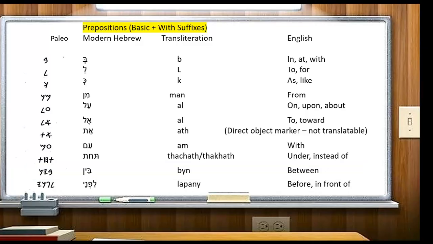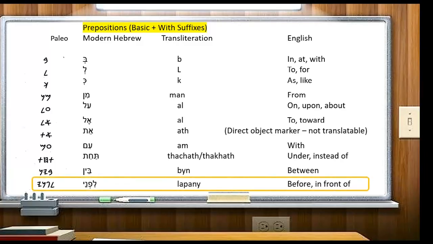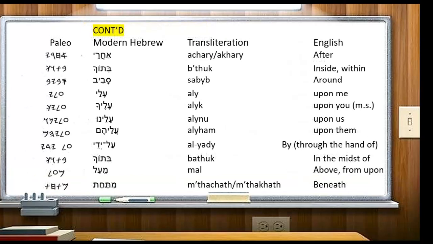Of course, the word for before or in front of is lapani. Okay? All right, let's move along. We continue.